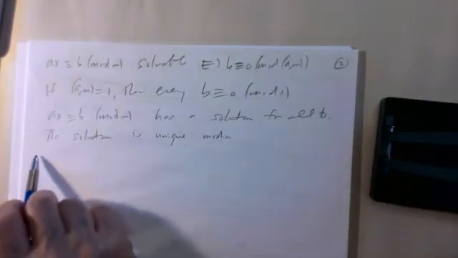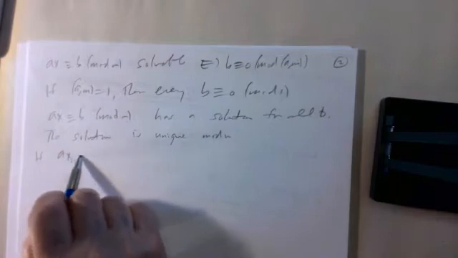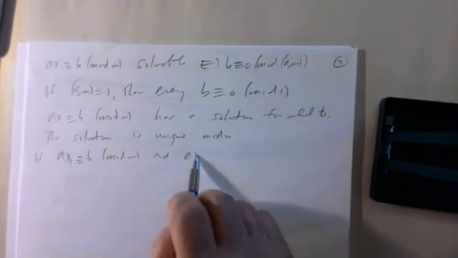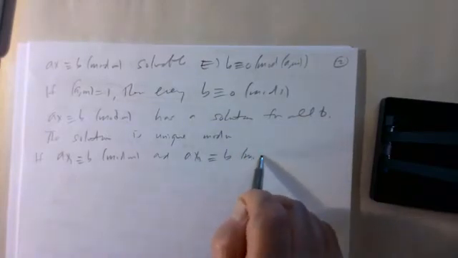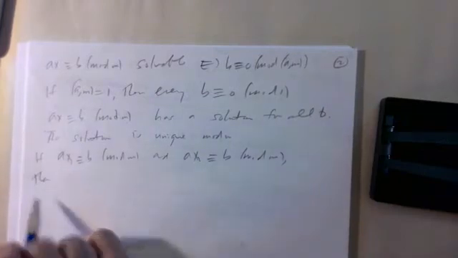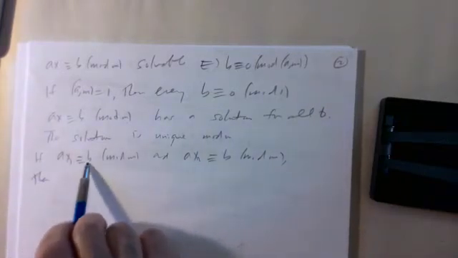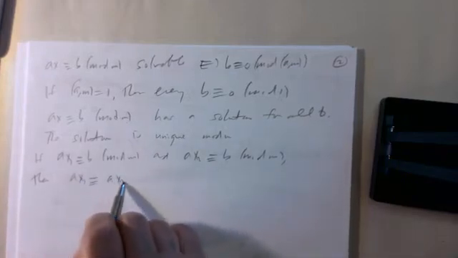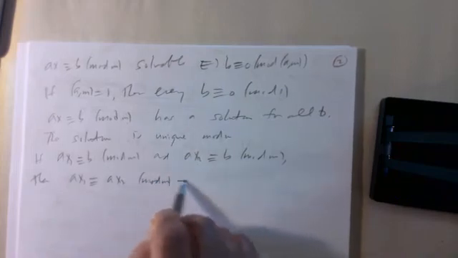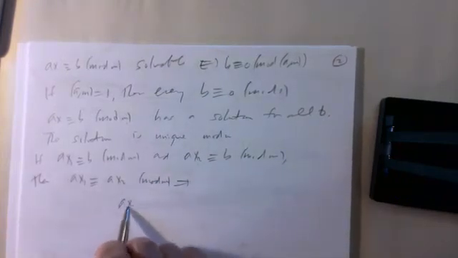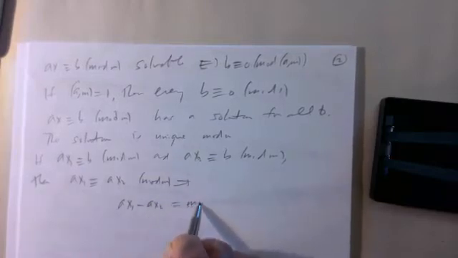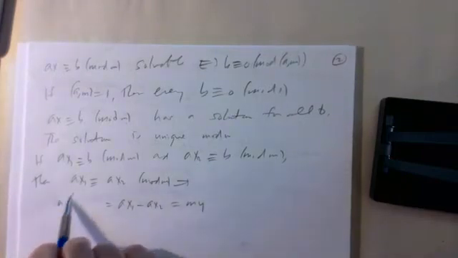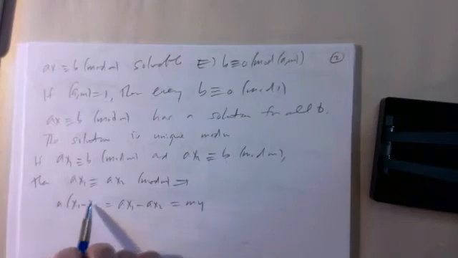mod M. Because if, let's say, AX1 is congruent to B mod M, and AX2 is congruent to B mod M, then by transitivity, AX1 is congruent to B, B is congruent to AX2, AX1 is congruent to AX2 mod M, which means the difference, AX1 minus AX2, is some multiple of M. If I factor A out, this is A times X1 minus X2.